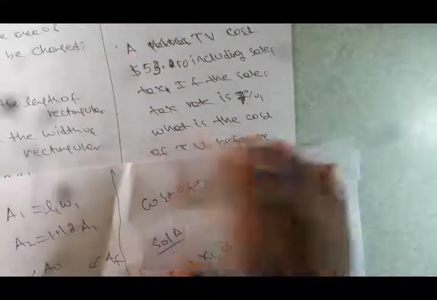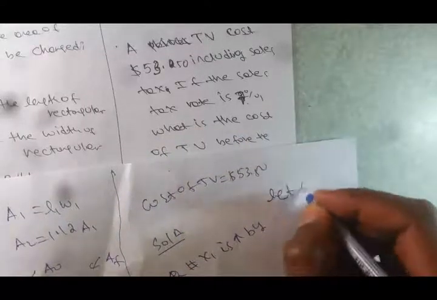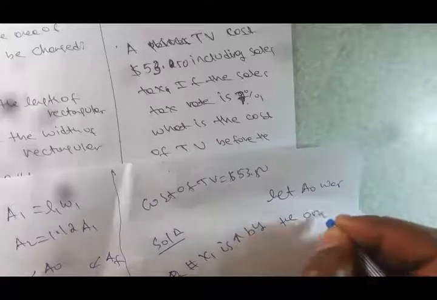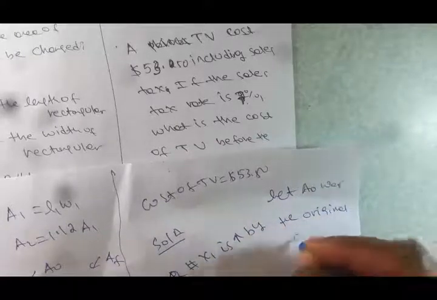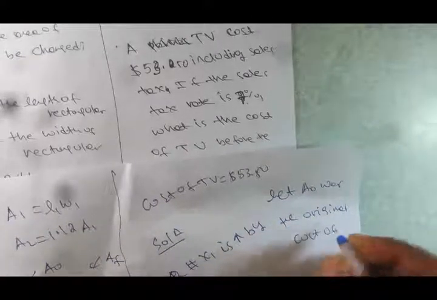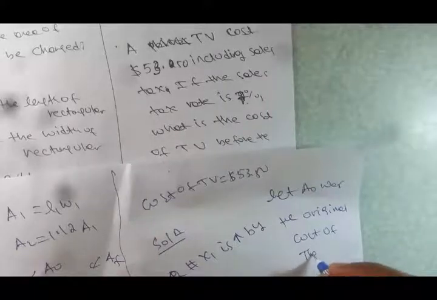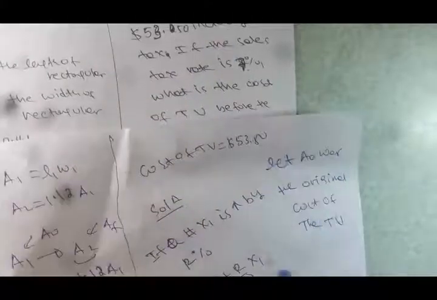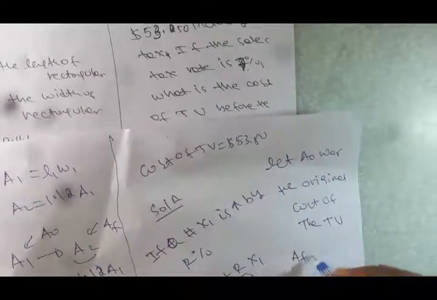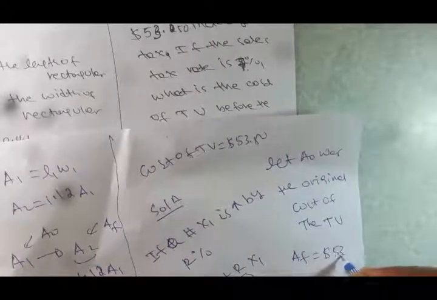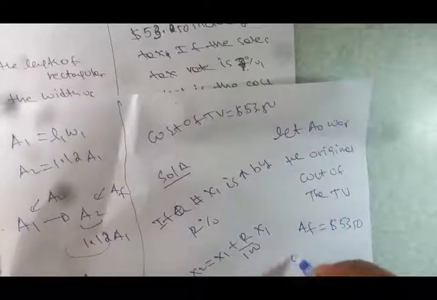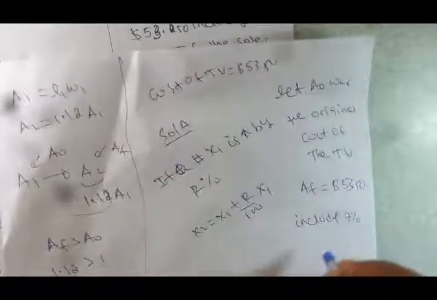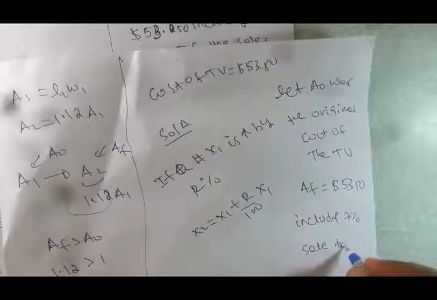And let A0 be the original cost of the TV, and we are given that the final value, A final, is $53.50, including a 7% sale tax.